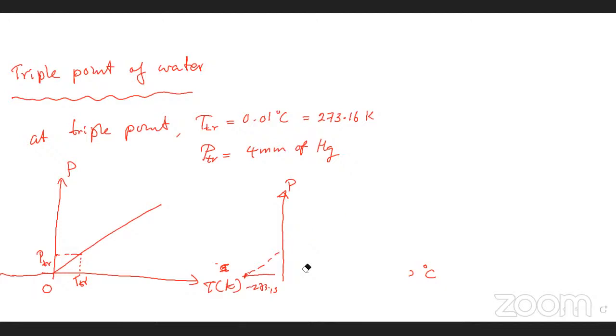The equation you get using the triple point can be used with Kelvin, and afterwards you can convert to Celsius. You need to keep in mind that the thermometer equations differ for different thermometers.